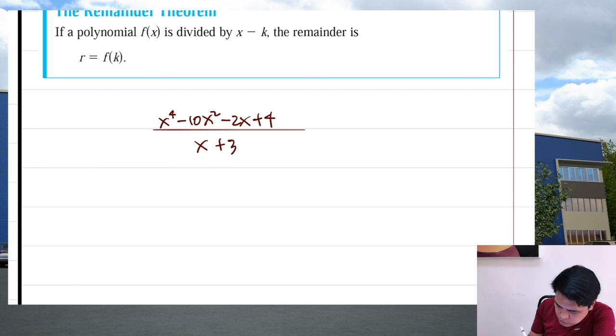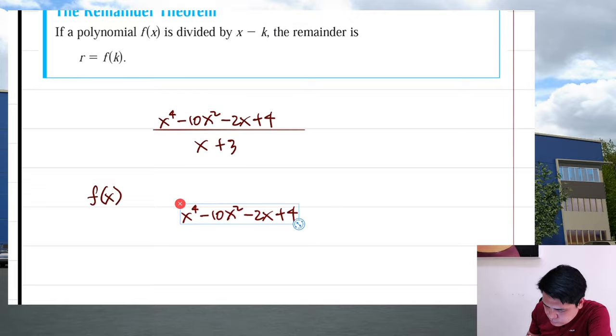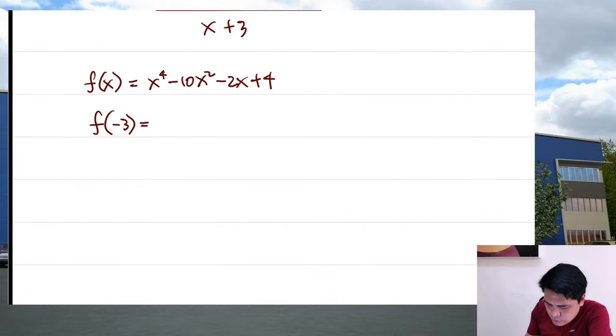Okay, so let's do that. So ang f of x natin is this. So let me just copy that. Then let's try to look at the value if x is equal to negative 3.